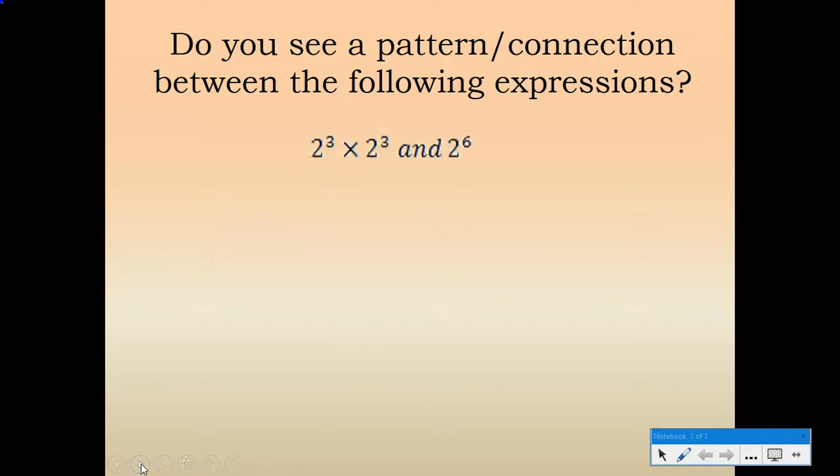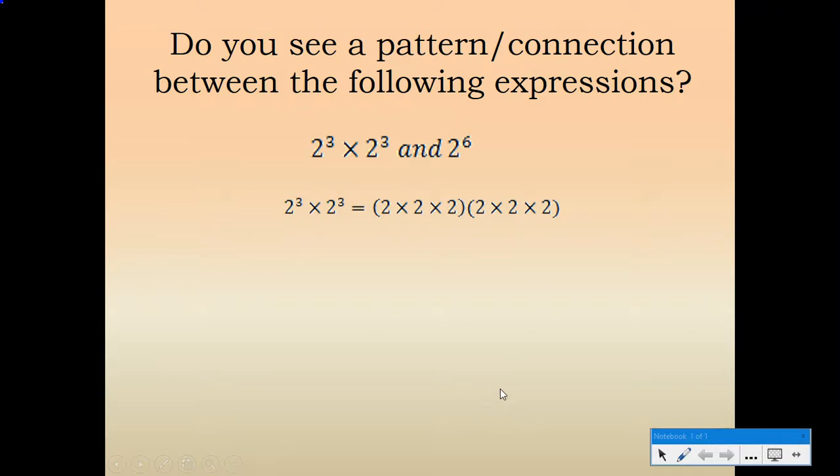Okay, so if you take a look at these two expressions, is there a connection between them? If we take a look at 2 cubed times 2 cubed, if my base is 2 and my exponent is 3, that means I have 3 factors of 2 being multiplied by 3 factors of 2.